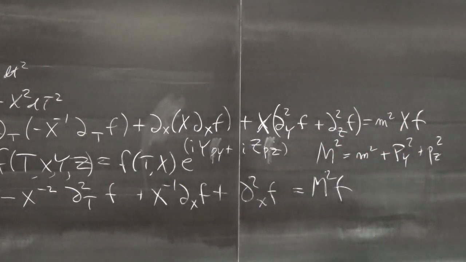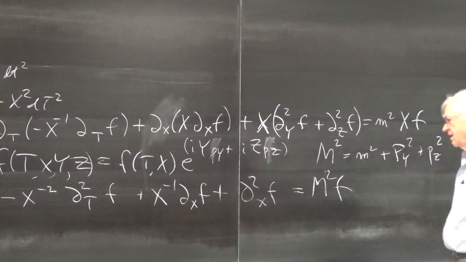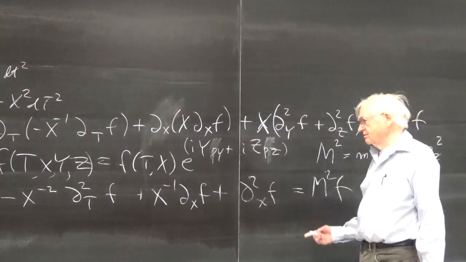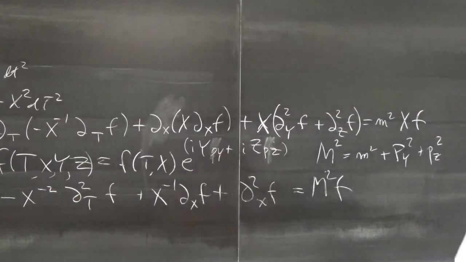I don't know, that's a partial differential equation with two independent variables, and it's nonlinear because of the x outside. I just don't know if there's a solution. That's one of the problems of general relativity, by the way.